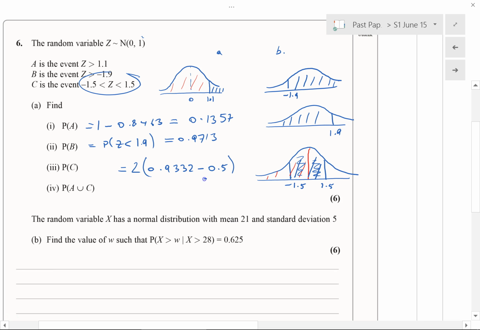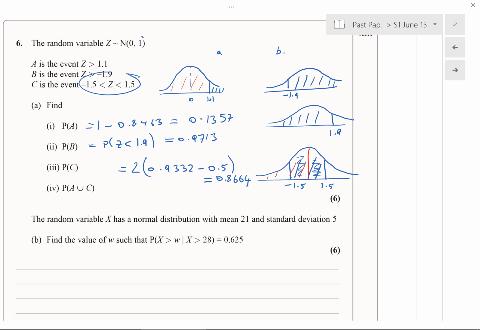So that equals 0.8664. When you're reading from the tables, I think it's fine to just leave 4 significant figures in your answers like that. So that's fine, 0.8664.